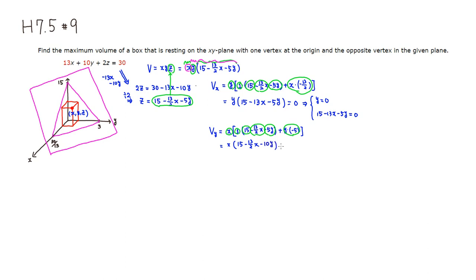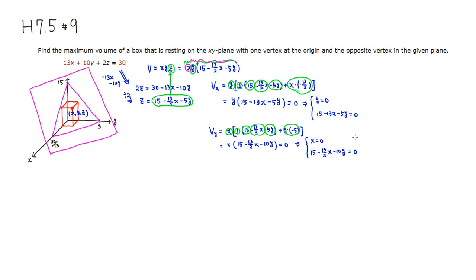We set that equal to 0. So we know that one of these has to hold: either x is equal to 0, or 15 minus 13 over 2 x minus 10y is equal to 0.